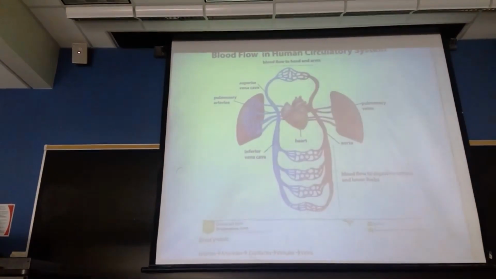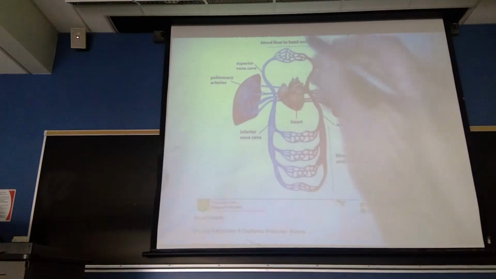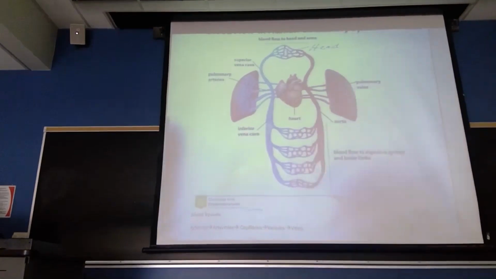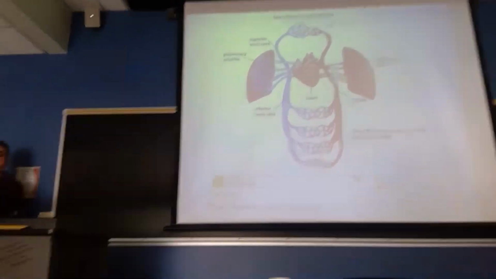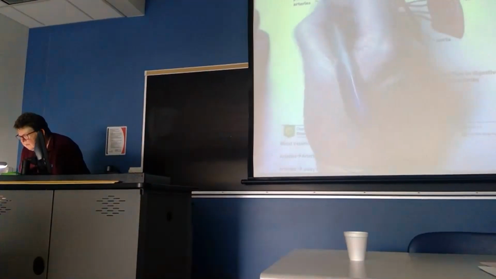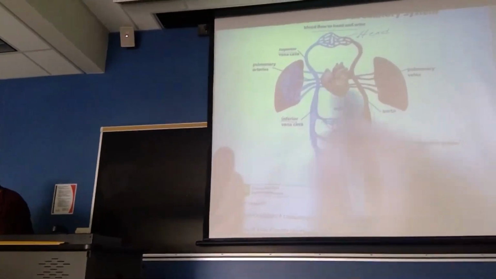blood flow in the human circulatory system. Okay, this would be more the head area. Do you remember I told you about superior and inferior? Look at this. Superior vena cava, inferior vena cava. Here is the level of the heart.